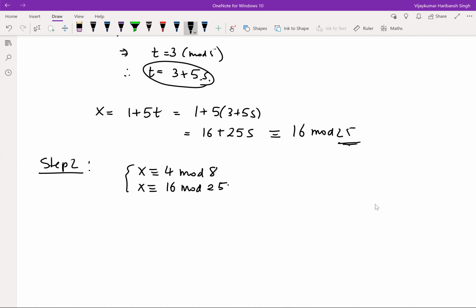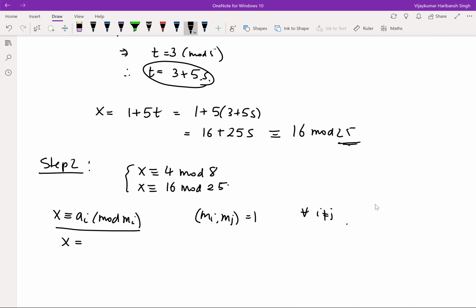So recall, what was the solution to a system of congruences? If x was congruent to a_i mod m_i, where m_i and m_j are coprime for all i and j, i not equal to j, then what was your solution?